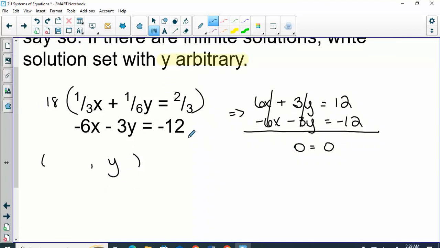Then I have to solve for my x. So take one of your equations and get x by itself. So what would I do to get my x by itself? Plus 3 over. And then what would we do?